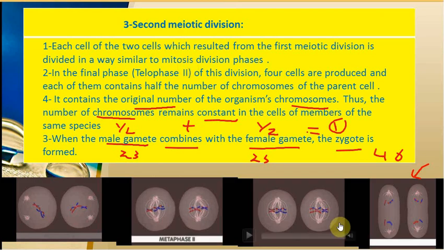In anaphase 2, chromosomes split from the centromere to form two identical groups of chromatids, as we see in the video.